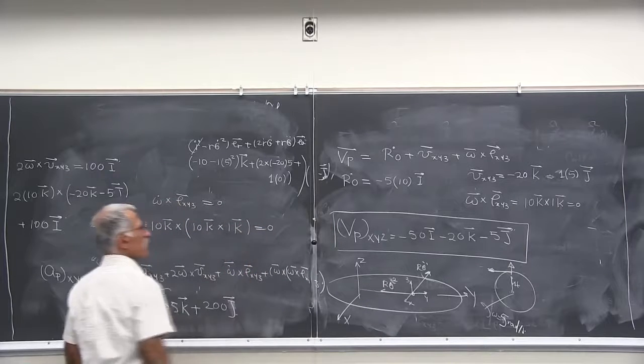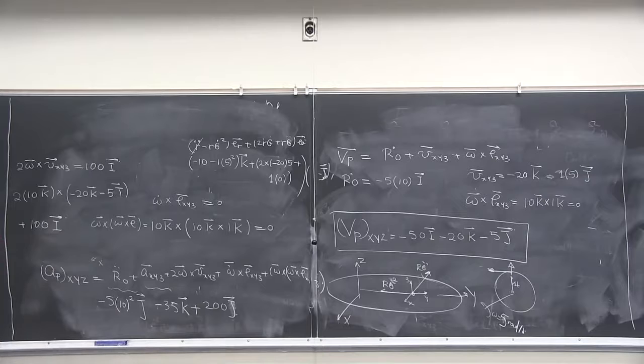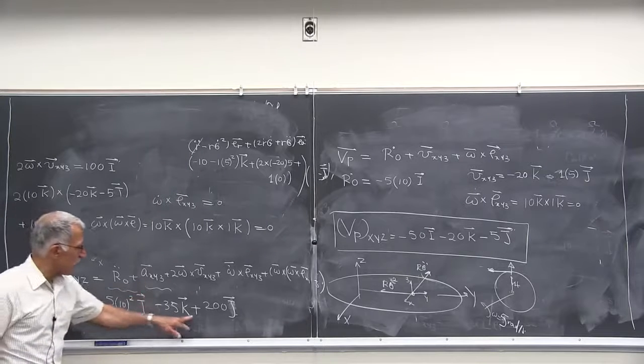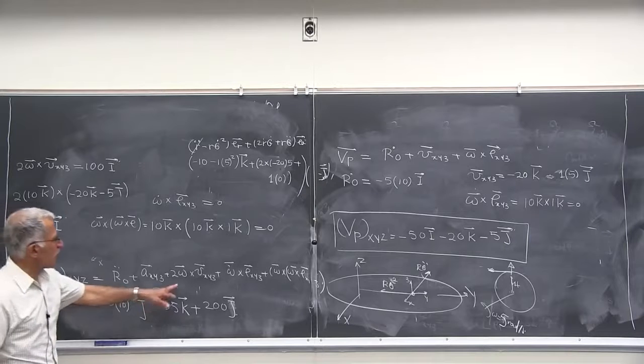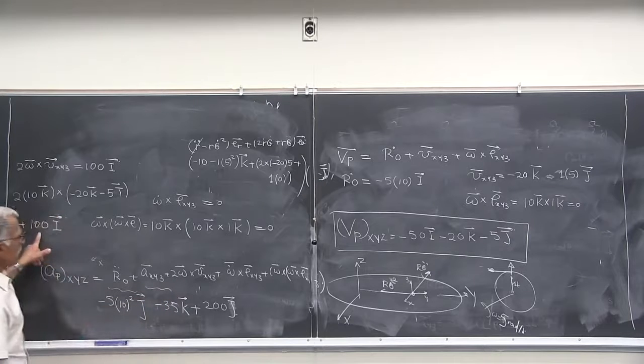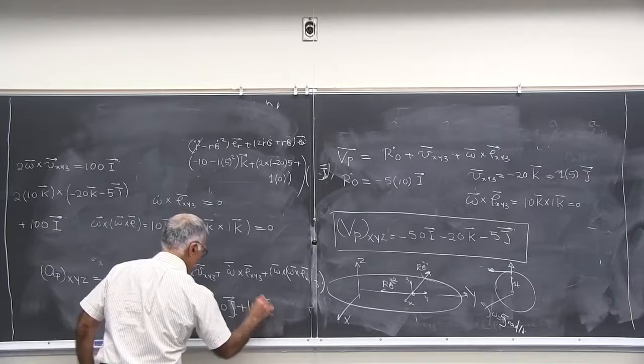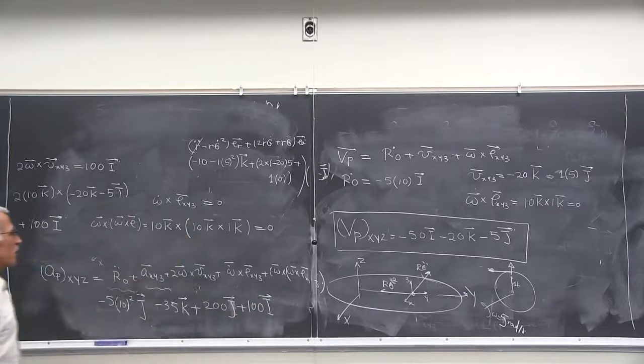Again, this produces 0. So now I have all of the terms that I needed for my acceleration. My r double dot o, I have it. My axyz, I have it. And 2 omega times vxyz is plus 100i. And I do not have any other term.